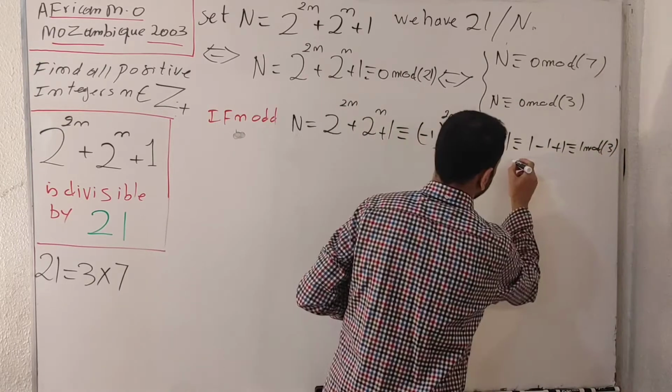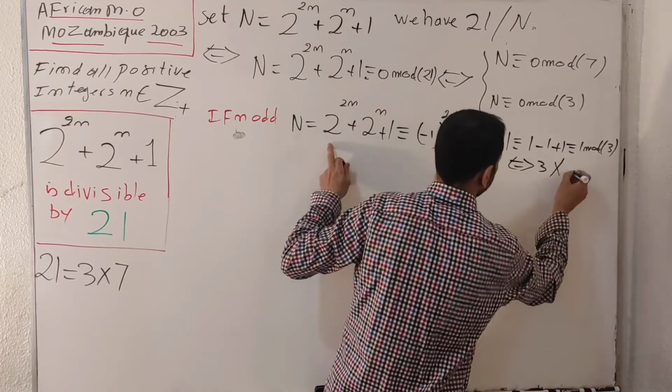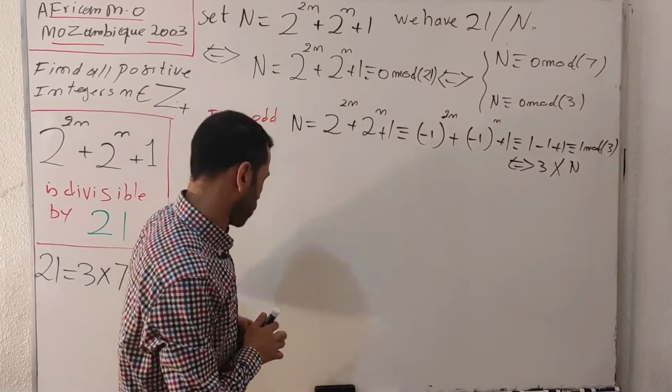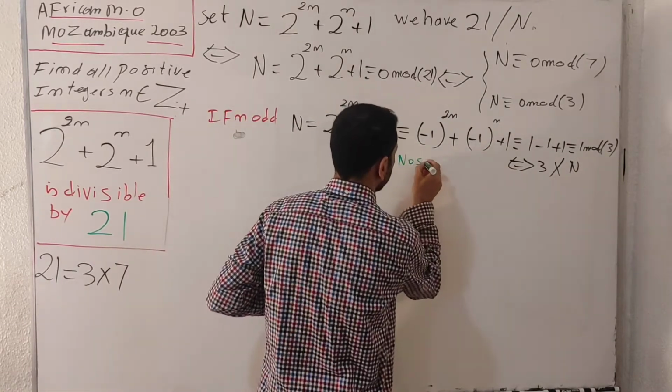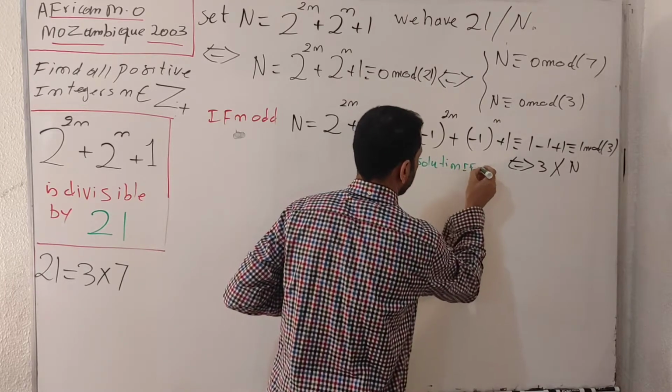This means 3 does not divide capital N, so there are no solutions if n is odd.